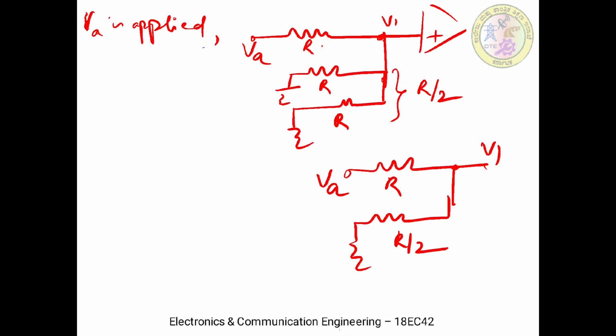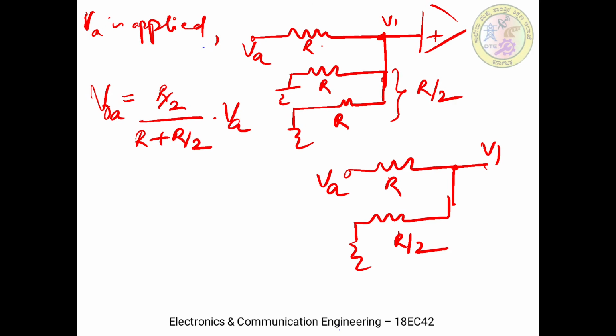So the output because of only VA, which I can call V1A, that is the output because of only the VA input, will be equal to (R by 2) divided by (R plus R by 2) into VA, by the voltage divider rule.